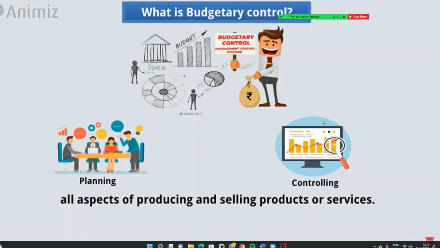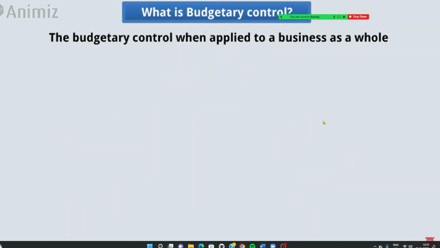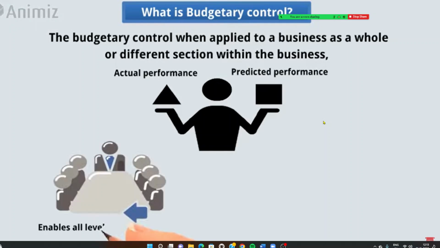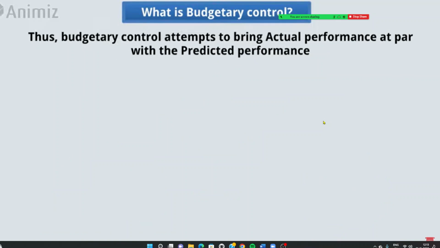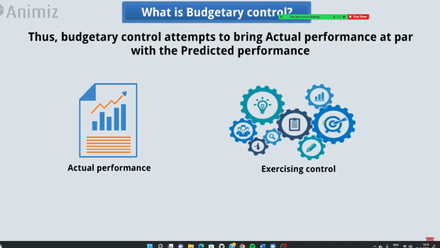When the budgetary control is applied to a business as a whole or different sections within the business, it compares actual performance and the predicted performance, and thus enables all levels of management and supervision to know how their sections are moving towards the achievement of budgeted targets. Thus, budgetary control attempts to bring actual performance at par with the predicted performance, by keeping a strict supervisory eye on the actual performance, and by exercising control, if necessary.